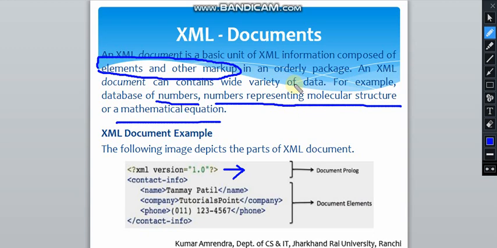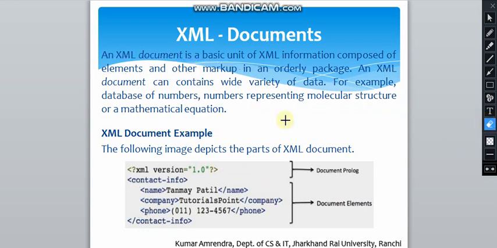The second one is document elements. So what are the elements? The elements are the tags, attributes and the values stored under those tags. In this example we have tags such as contact info, name, company, phone number, and these are known as the elements.